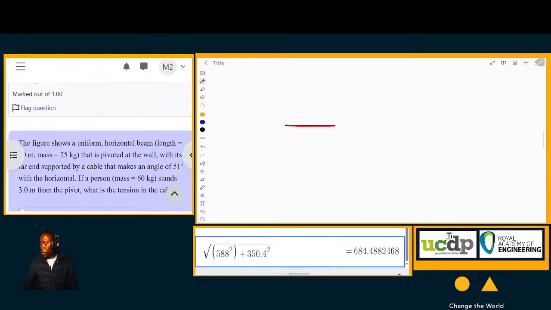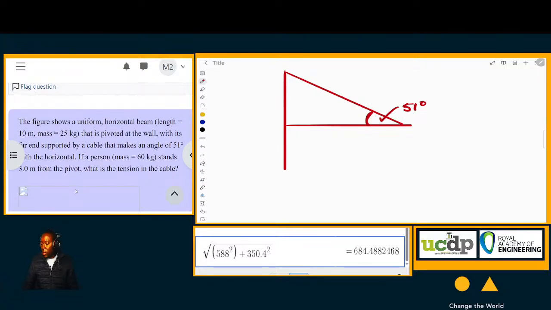Horizontal beam, like that, wall, and 51 degrees. Okay, the beam is 25 kgs. The length is 10 meters.